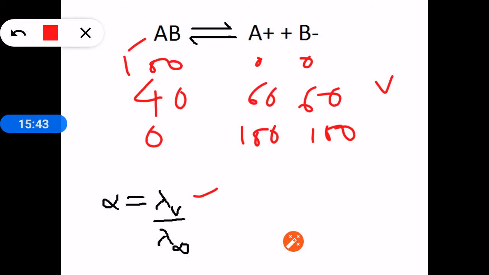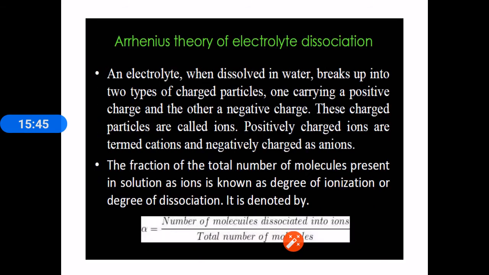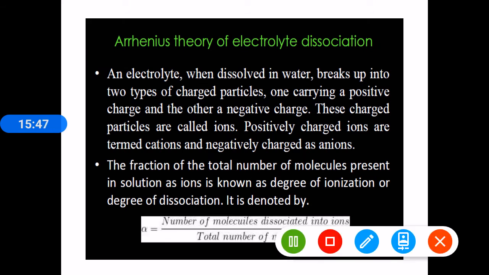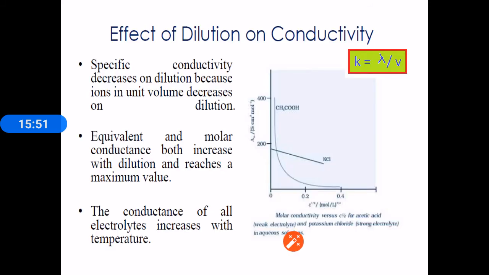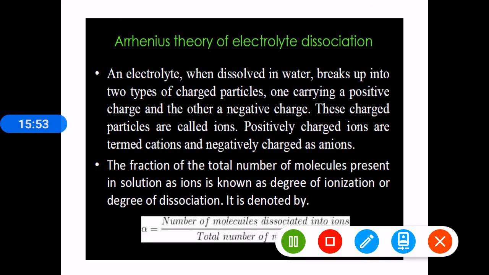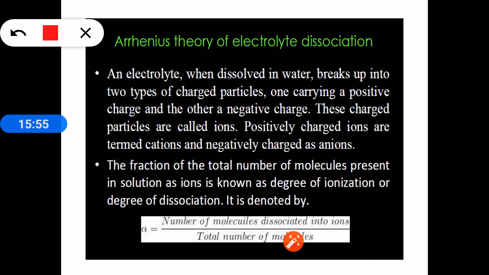So we have to get the number of molecules dissociated into ions. Its value is proportional to lambda V. Then we divide by the total number of molecules.